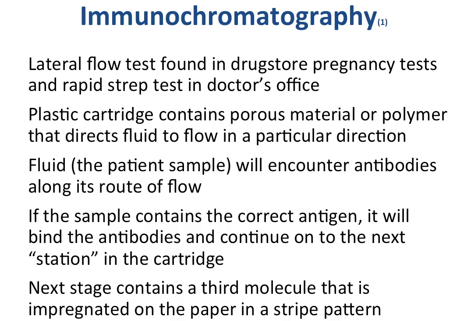Immunochromatography. One example of this test is the pregnancy test. The pregnancy test is actually a plastic cartridge. It contains porous material to allow the diffusion of the urine sample.